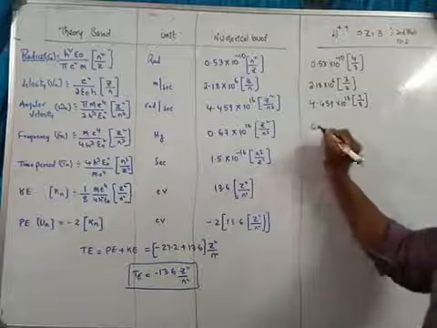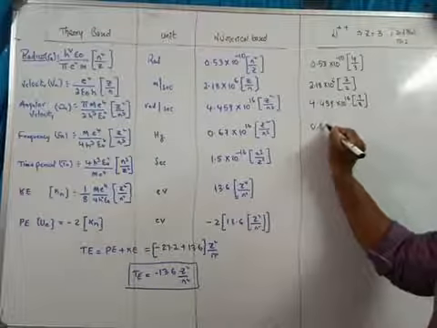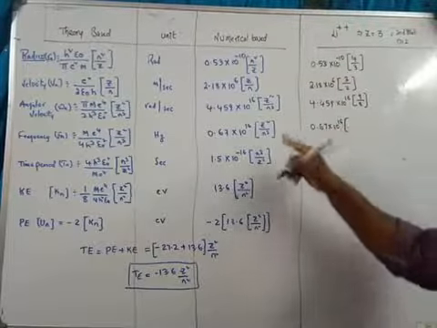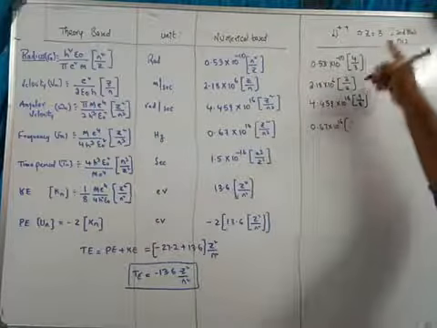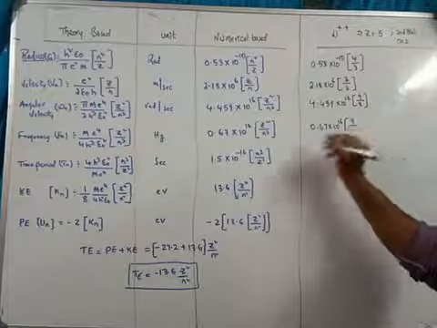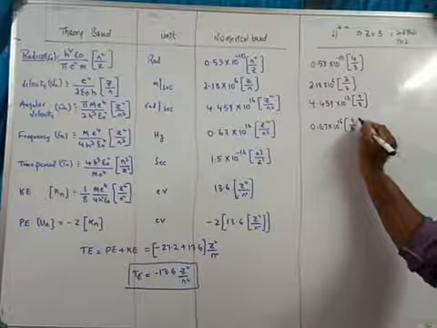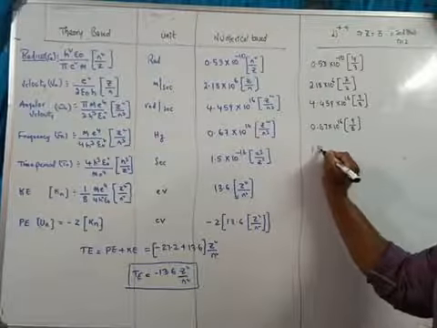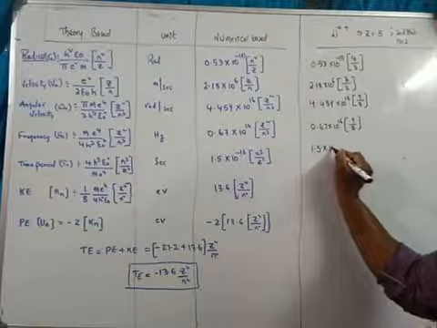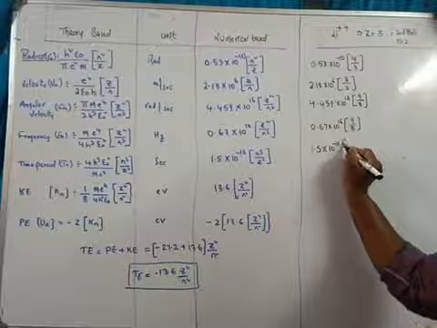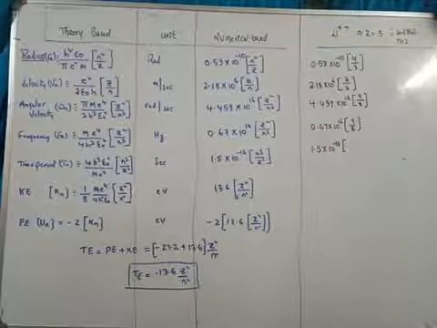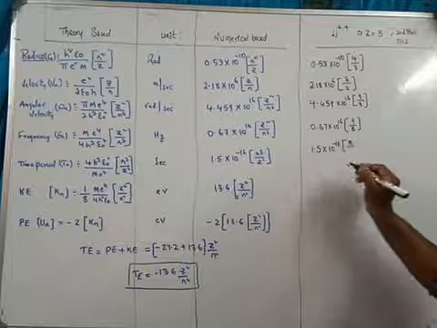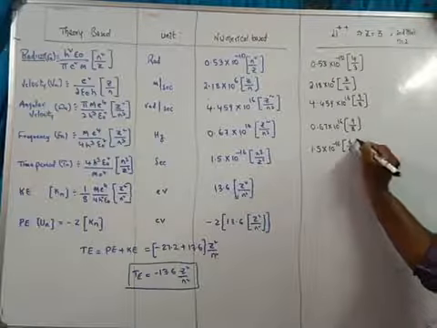Similarly, for frequency, 0.67 into 10 to the power of 16, times Z squared by n cubed. Z squared is 9, divided by n cubed, 8. And next, time period, 1.5 into 10 to the power of minus 16, times n cubed. n cubed means 2 cubed, 8, divided by Z squared, 3 squared, which is 9.